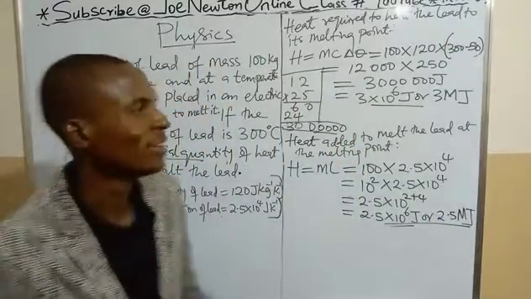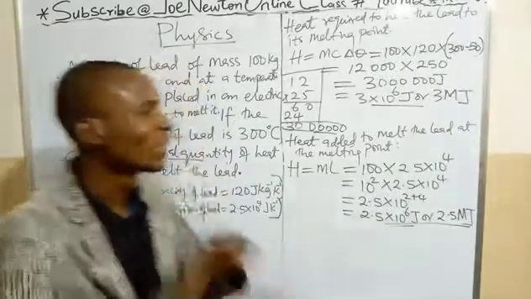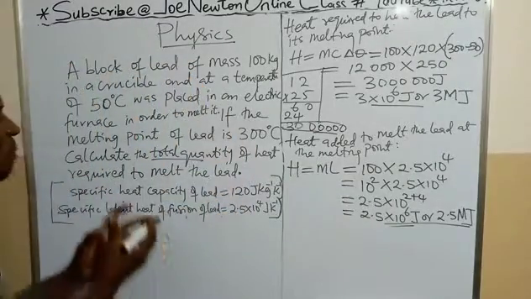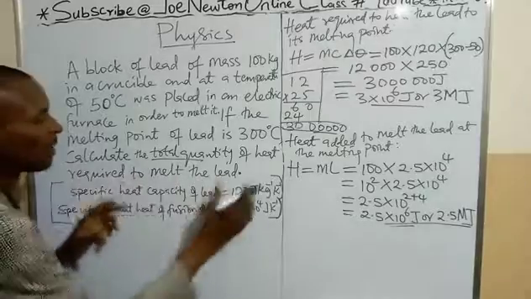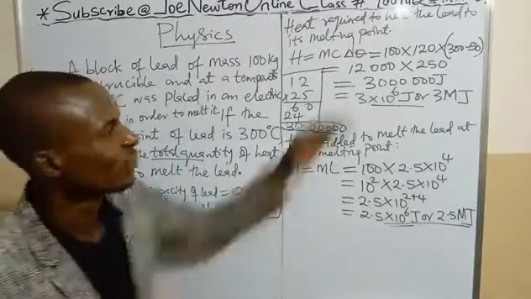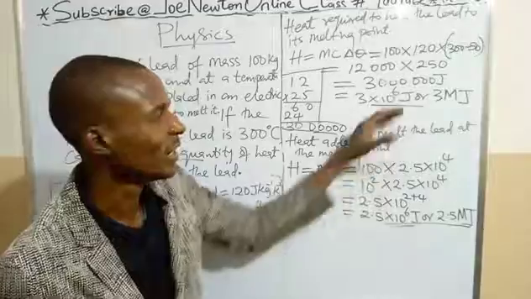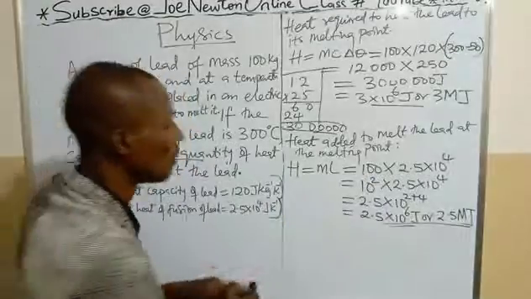So now, is this the final answer? No. Now, the total heat energy supplied to melt this lead completely, as required by the question, is the sum of these two heat energies we calculated. Now we sum them up.